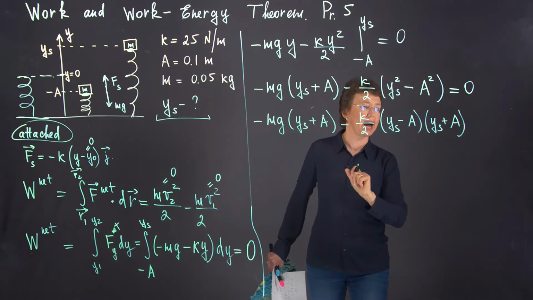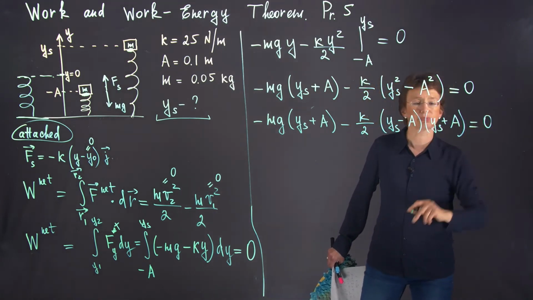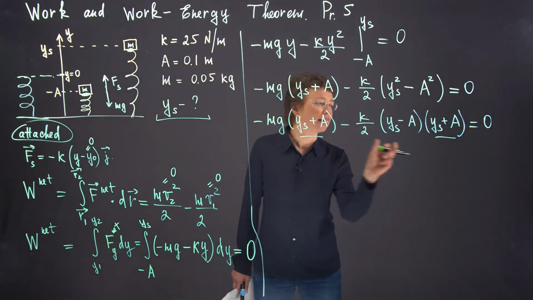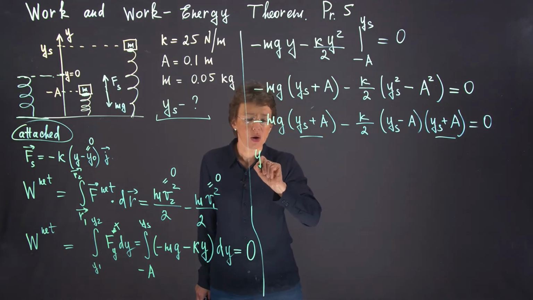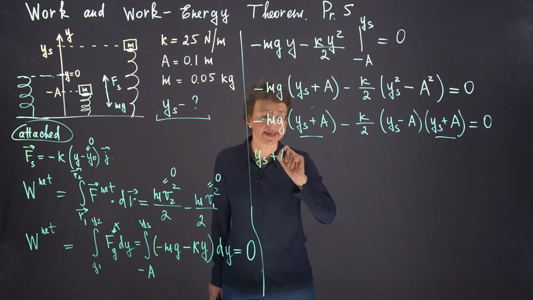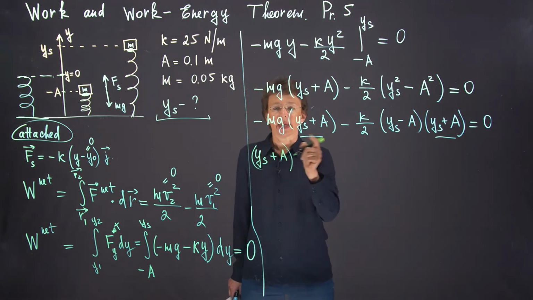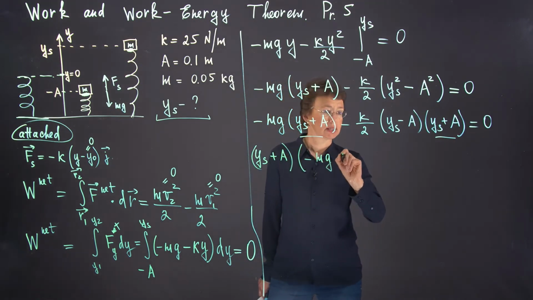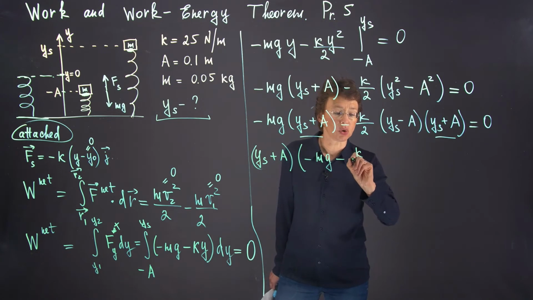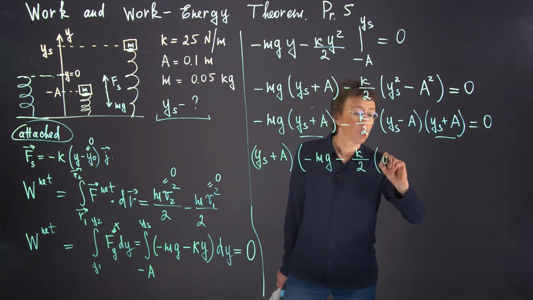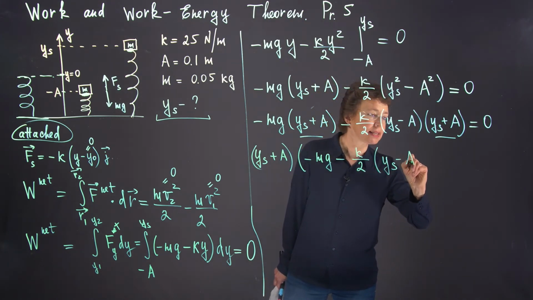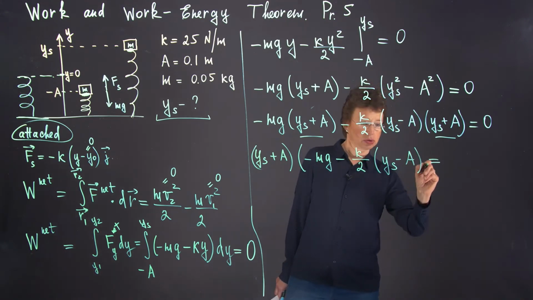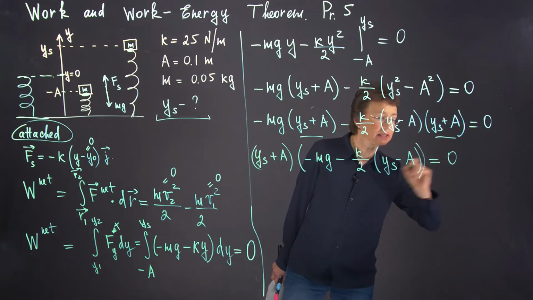These two are identical, and this is equal to 0. What I'll do next, I will factor out this guy. I will have ys plus a, and then in parentheses, I will have minus mg minus k over 2 ys minus a. And I need to close the parenthesis. And this is equal to 0.